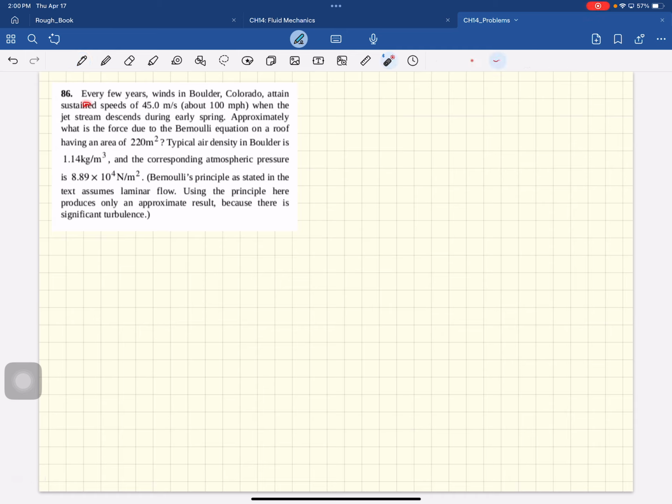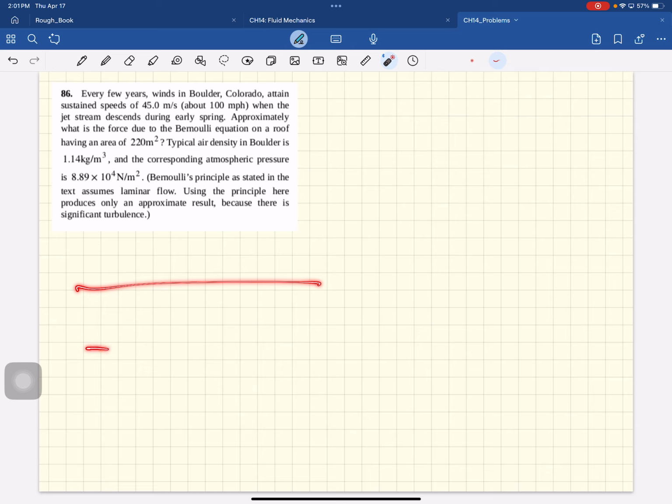All right, so here's an interesting problem. Every few years, winds in Boulder, Colorado attain sustained speeds of 45 meters per second, about 100 miles per hour, when the jet stream descends during early spring. Jet streams are rivers of air flowing in the upper atmosphere at a height of maybe 11, 12 kilometers.